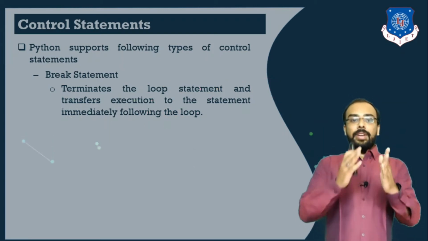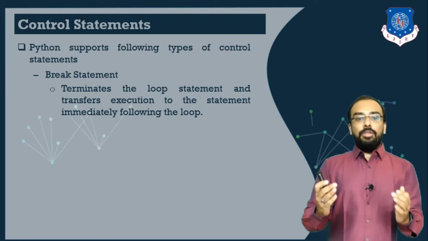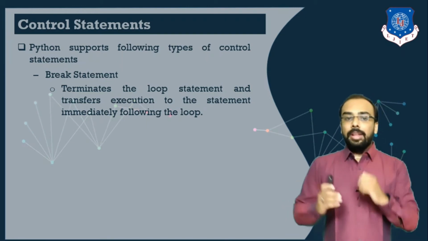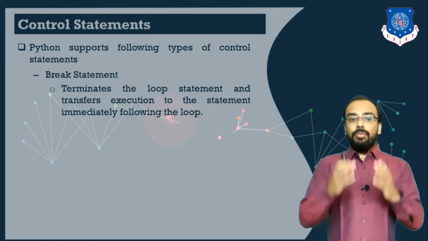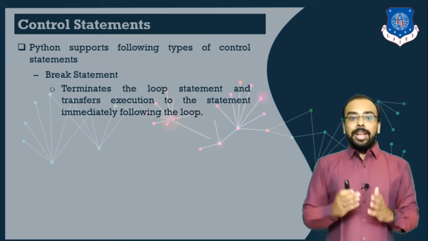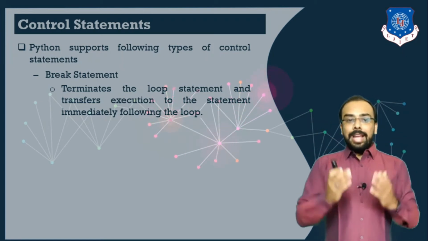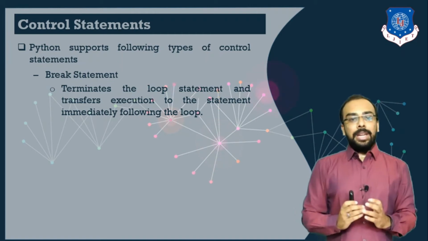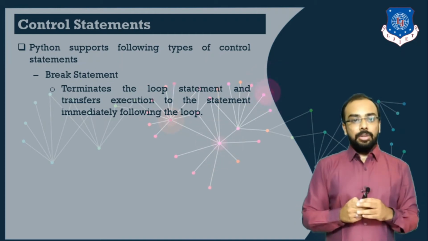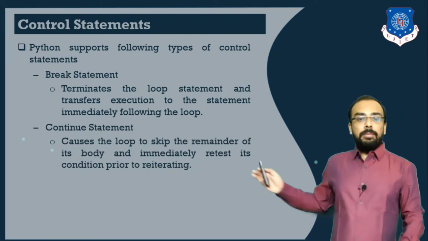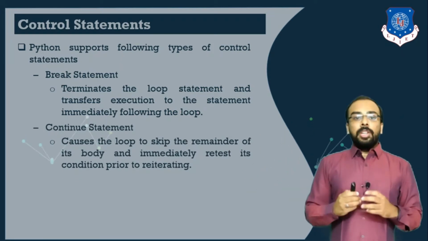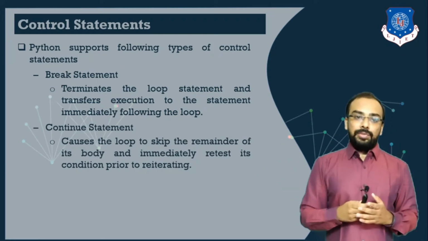For example, if I have written a while loop and after the while loop body I have written print goodbye, what the break statement will do is, whenever it matches the condition, it will terminate your while loop, and the statement which I have written, print goodbye, will get executed. Another type of control statement provided is continue. What is the continue statement used for?